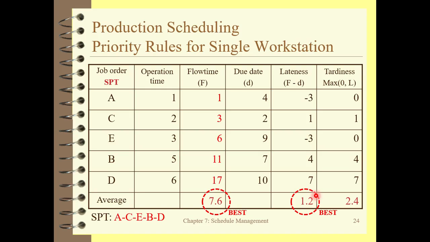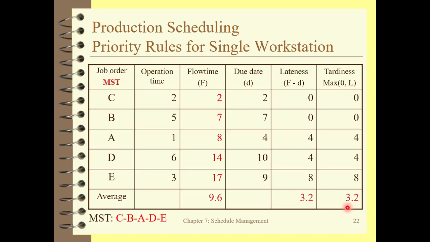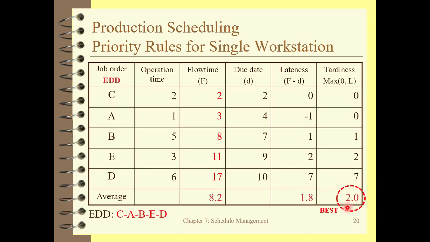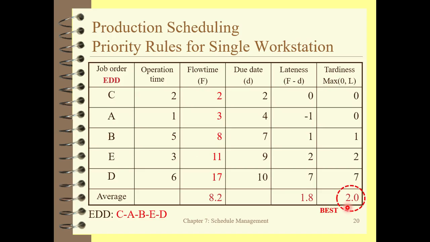And for tardiness, SPT gives you 2.4, MST gives you 3.2, EDD gives you 2.0, and the last one, first come first serve or first in first out, gives you 3.6. The lowest value for mean tardiness is EDD. Right? Okay, this is the conclusion: which priority rule gives you the best performance for which measure of performance.